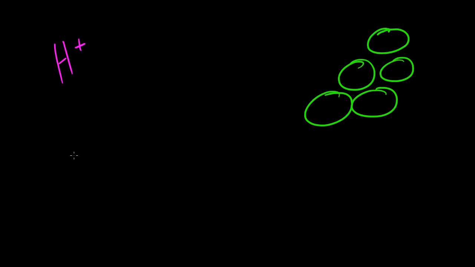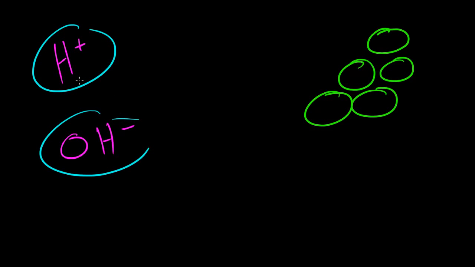Now, a base is essentially the same thing, except when the base splits apart in water, it releases hydroxide, which is OH negative. The important thing to remember is that these are charged particles, and a cell, remember, is basically just a bunch of chemicals organized in a very specific, careful kind of way.